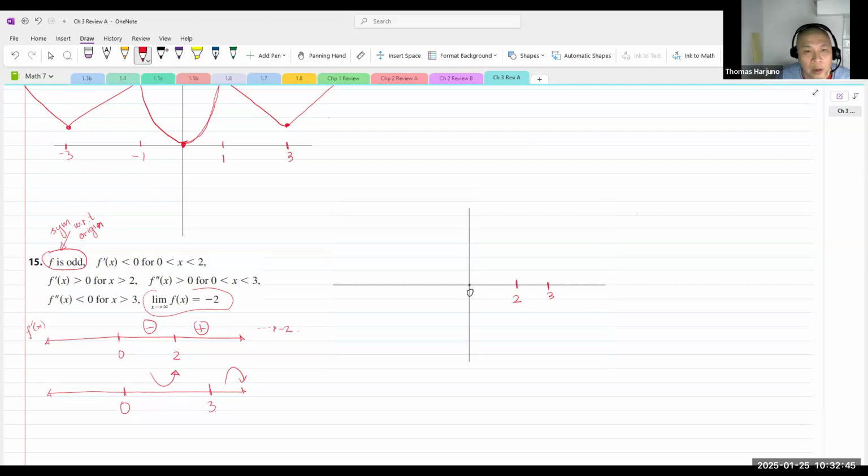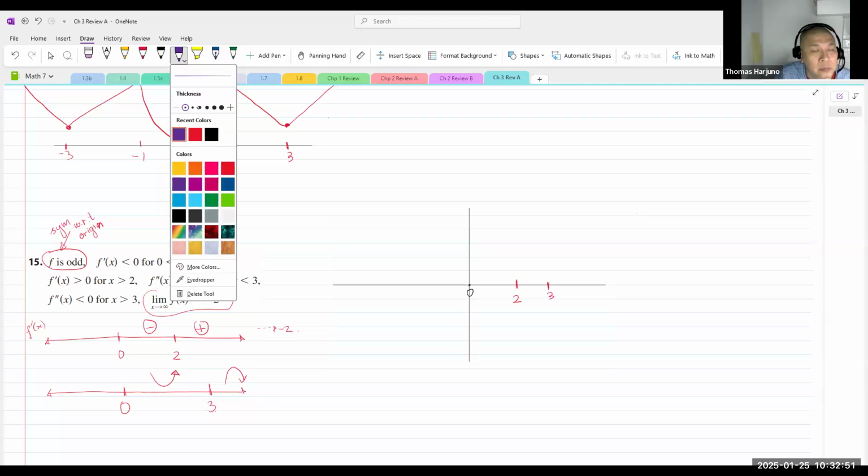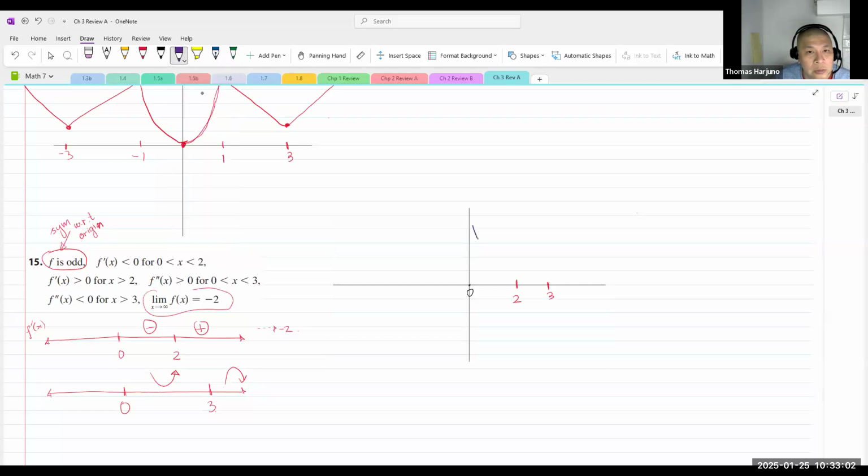When x goes very far to infinity, the value is negative 2. Let me use a different color then. The slope is negative but concave up between 0 and 3. Maybe something like this. So the slope is 0 at 2, concave up here, but then starting from 3 it gets concave down.